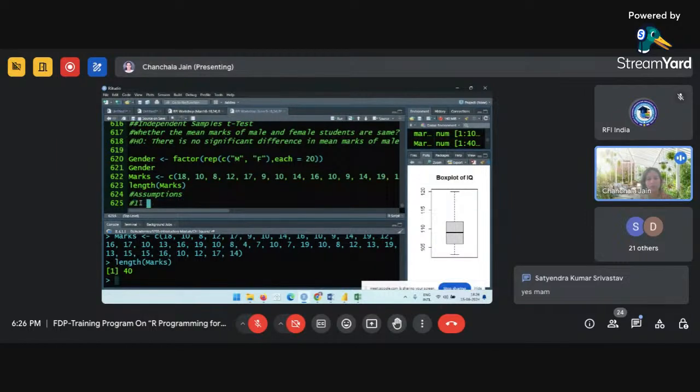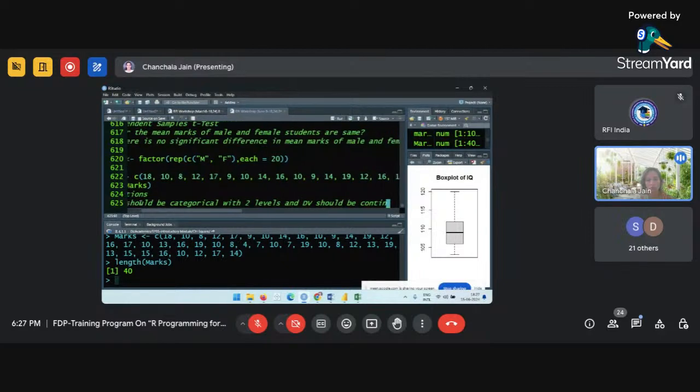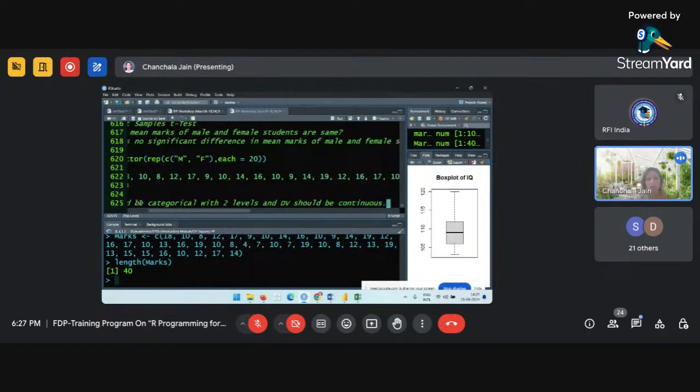So the first assumption says the IV should be categorical with 2 labels or groups, and the DV should be continuous. This is the first assumption.